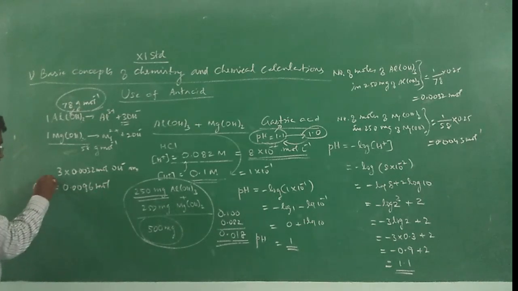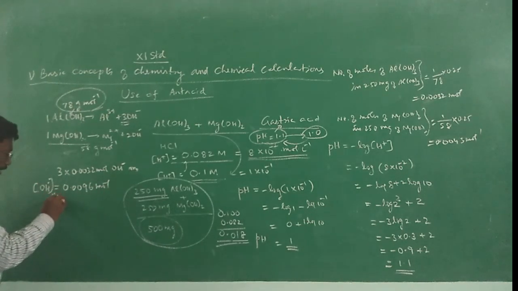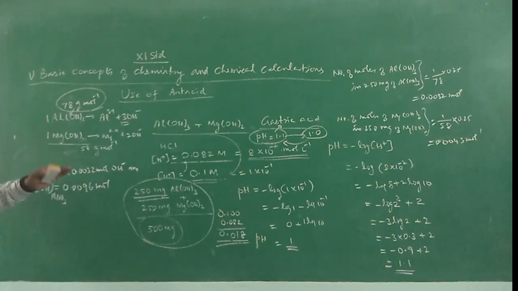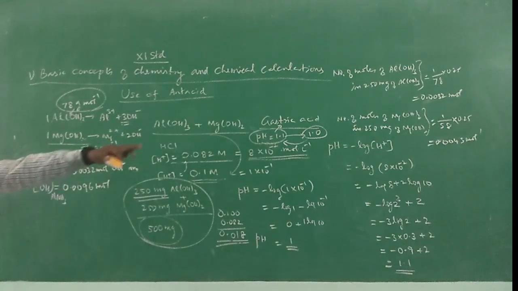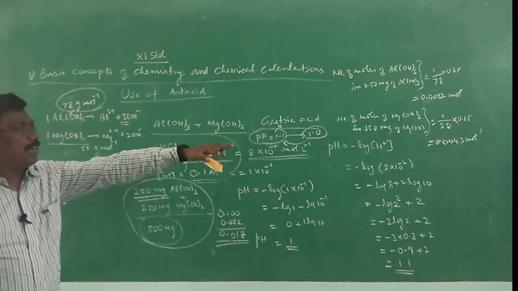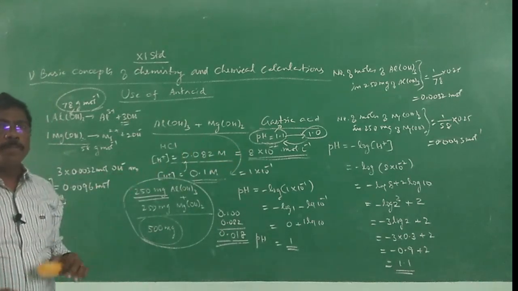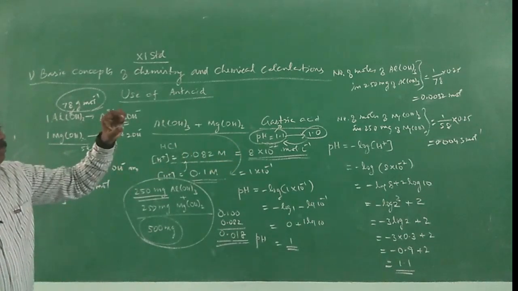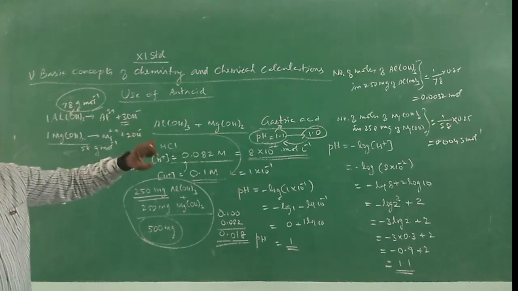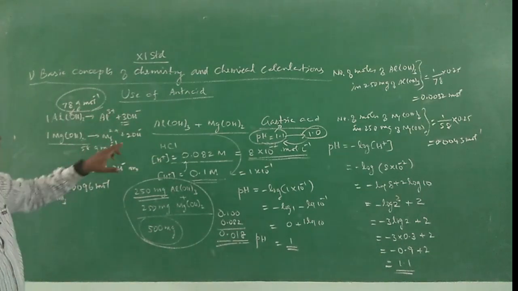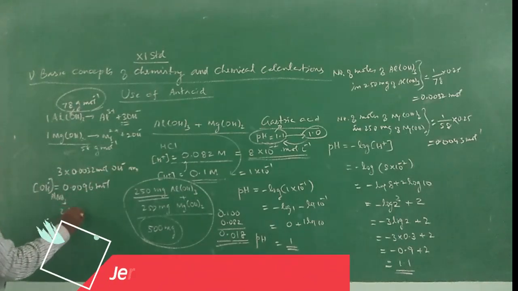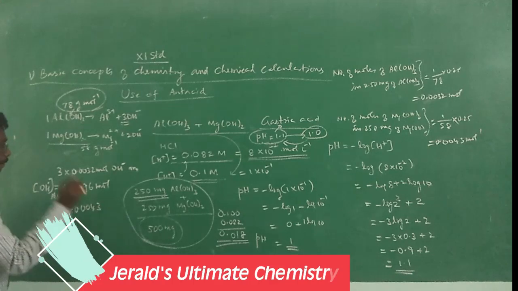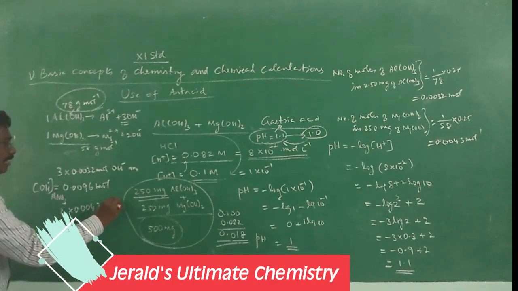Number of moles of hydroxide ions available from aluminum hydroxide. All right. Likewise, how many moles of hydroxide ions are available from magnesium hydroxide? Number of moles of magnesium hydroxide is 0.0043 mole. It will furnish twice the number of hydroxide ions, and therefore that has to be multiplied by 2. 2 into 0.0043 moles of hydroxide ions.